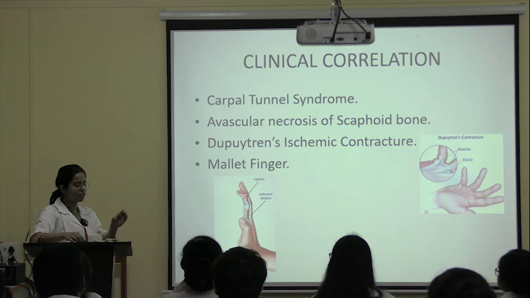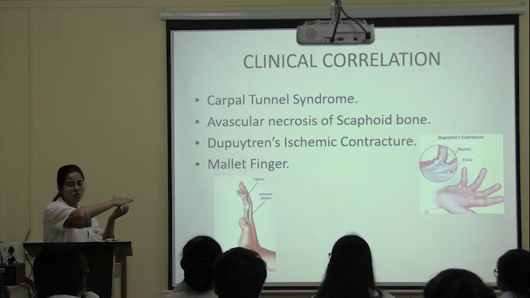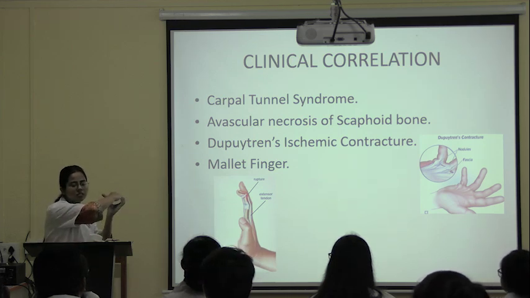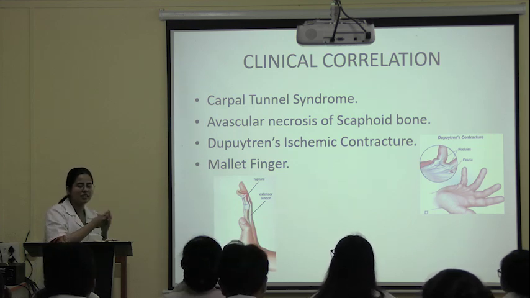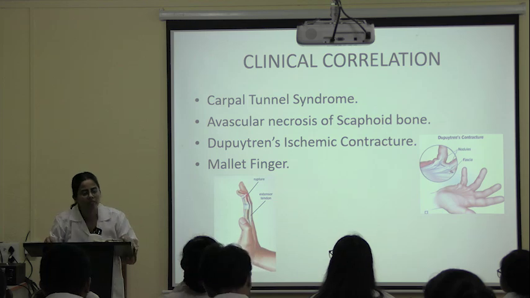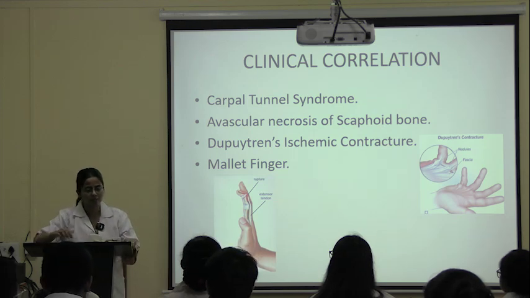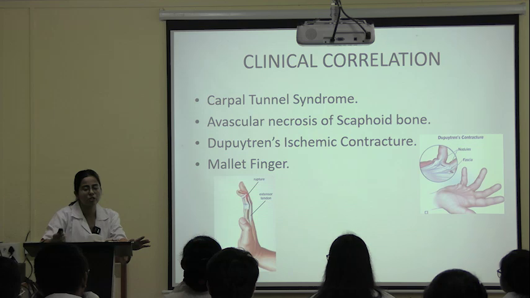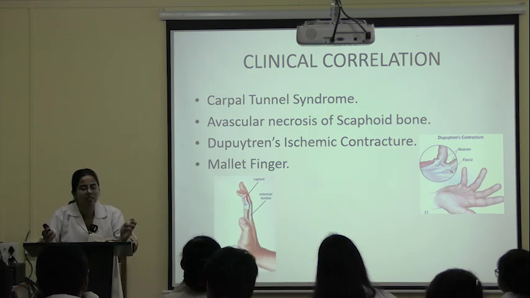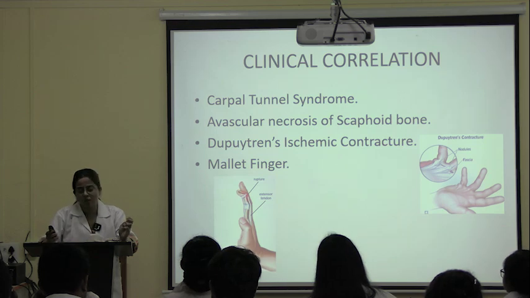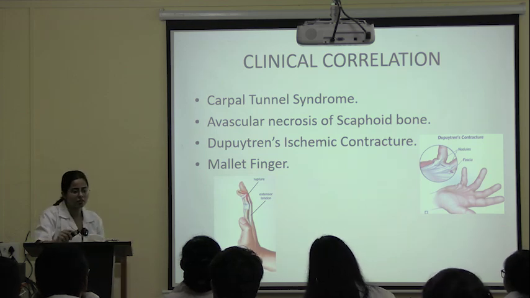Now if this is concave and something passes over it, it will form a tunnel. Inside this tunnel passes which nerve? Median nerve. So anything which increases the pressure in the tunnel will compress the median nerve. This is known as carpal tunnel syndrome.